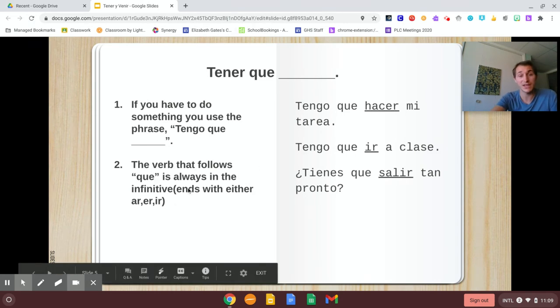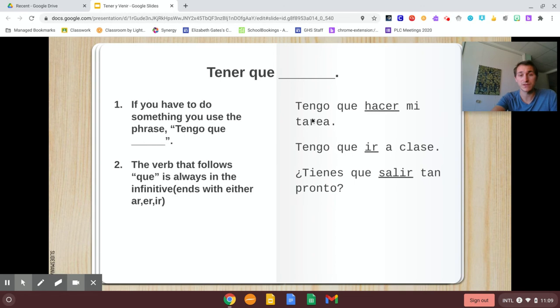So the common endings for Spanish verbs. Tengo que hacer mi tarea. Notice that this is in the infinitive. It ends in ER. I have to do my homework. Tengo que ir a clase. I have to go to class. ¿Tienes que salir tan pronto? Do you have to leave so soon?